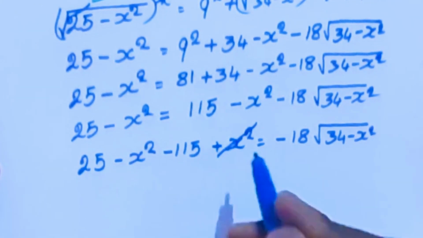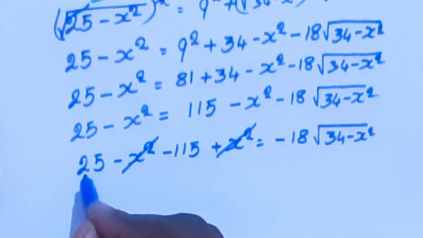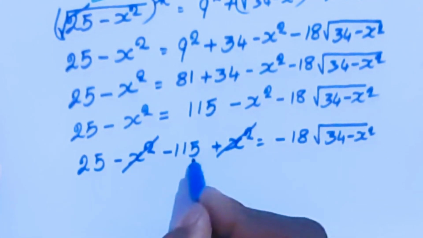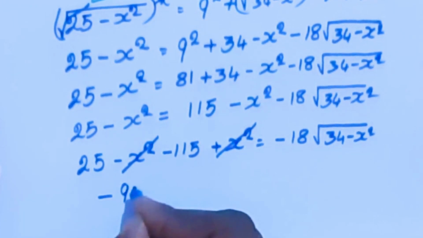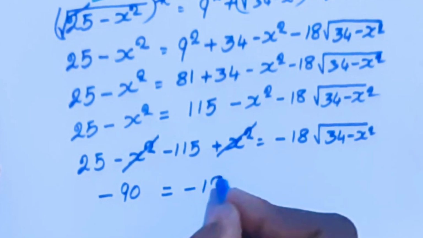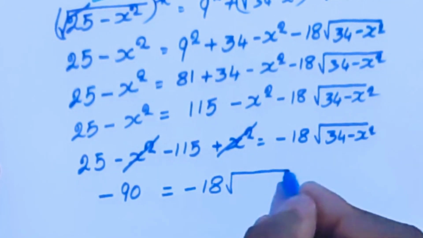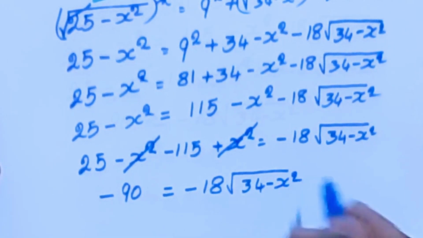Now this x square and minus x square cancel each other. Here 25 minus 115 gives minus 90 equal to minus 18 square root of 34 minus x square.